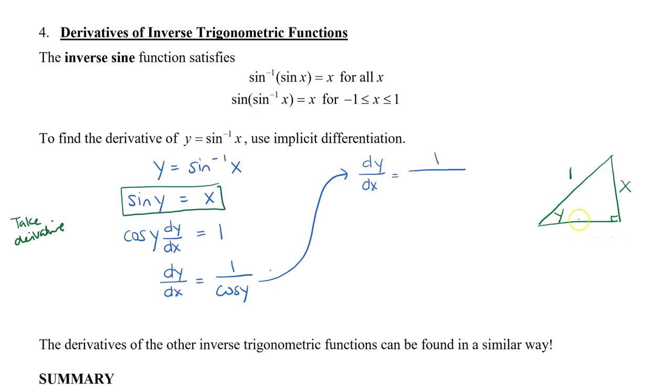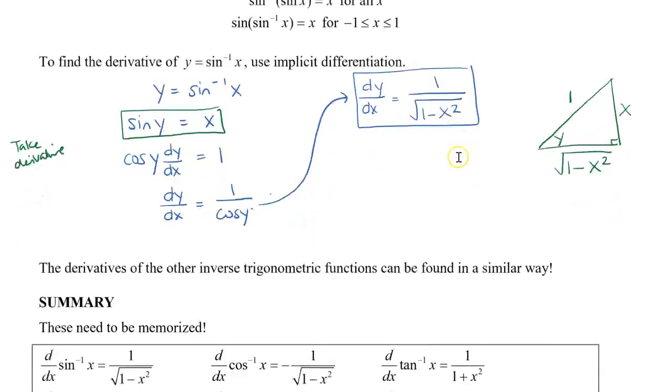So the adjacent side next to the y is going to be root 1 minus x squared. Therefore, cos y is going to be root 1 minus x squared over 1. So the derivative of the inverse sine x is actually 1 divided by root 1 minus x squared.